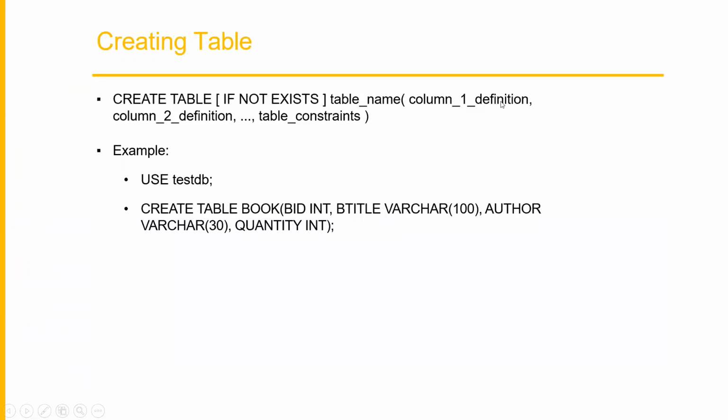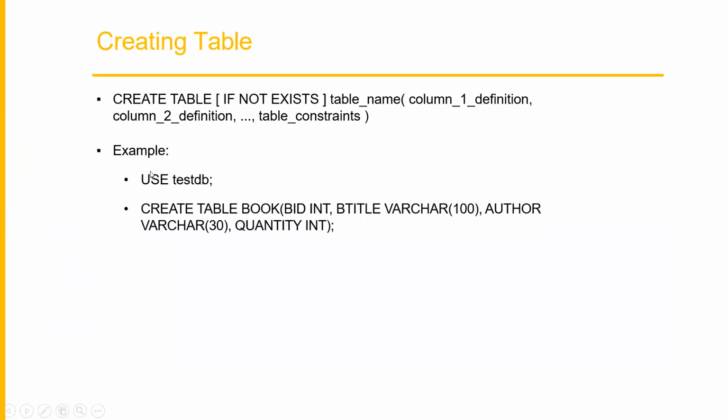We should be providing the columns. Whatever columns we want to have as part of this table, we need to mention them here, like a column, comma, another column, comma, third column. Like this, we can have n number of columns defined for the table. This is the syntax of creating a table.